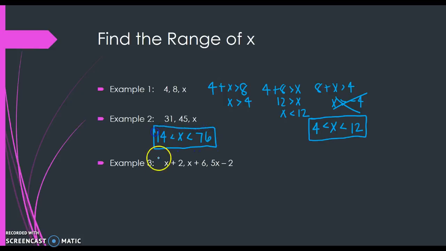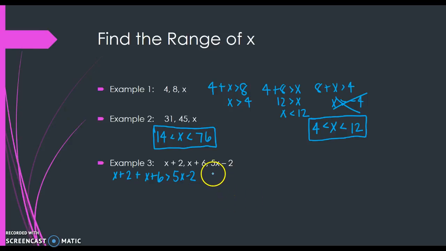Example 3 looks a little different. Now I want to find the range of x, but I'm given my three sides. So I'm going to have to do like we did for number 1 and write out my three inequalities. But now I have expressions, and then I'll do the same thing where I simplify and slowly get x by itself. So for the first inequality, I could write x plus 2 plus x plus 6 must be greater than 5x minus 2.